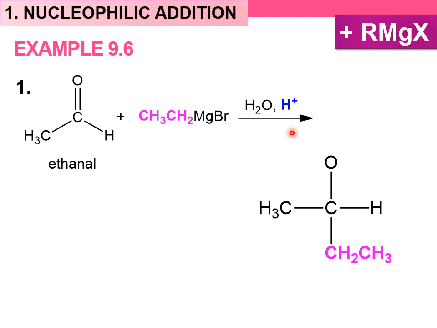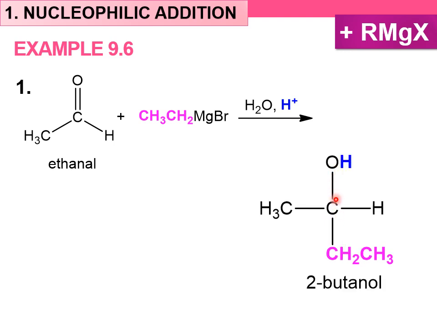what type of alcohol? This is an ethanal, an aldehyde. For aldehyde, if we react it with ethyl magnesium bromide, we are going to take the nucleophile of Grignard reagent here, and then we are going to take the H+ from the condition attached to the originally carbonyl carbon, like this, and we are going to produce a secondary alcohol, which is called 2-butanol.